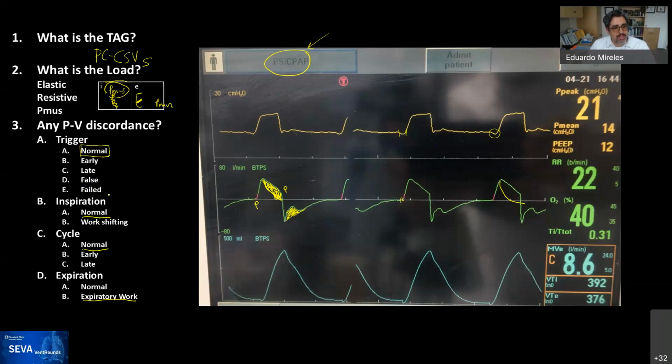And you may also see failed triggers in patients in which you over-assist, meaning that the patient gets too much tidal volume for what they needed. They may want to take another breath as they are exhaling, and they will have a failed trigger under those circumstances. Early triggers should not occur because the patient usually triggers the first breath. So normal, late, false, and failed, Marina, can occur.